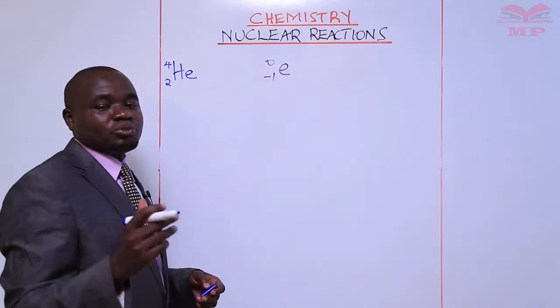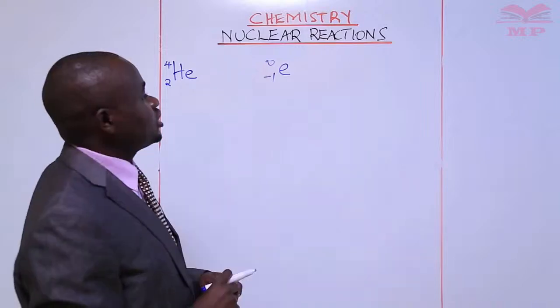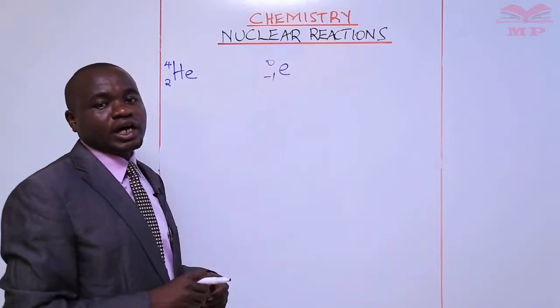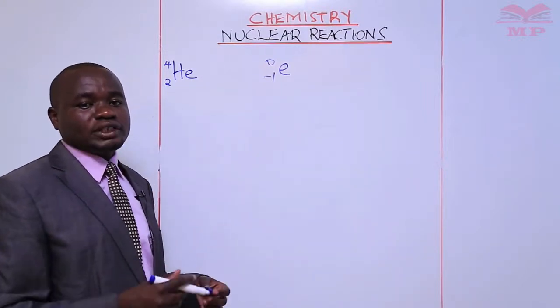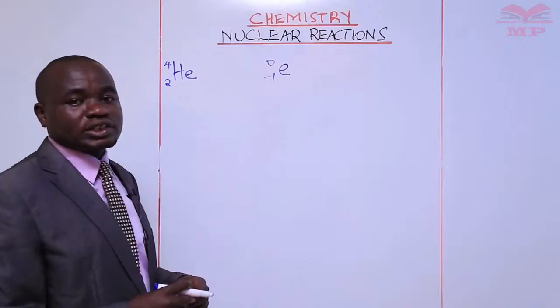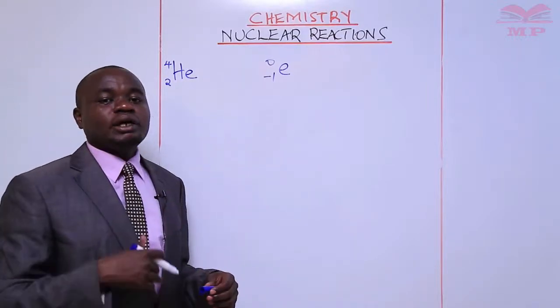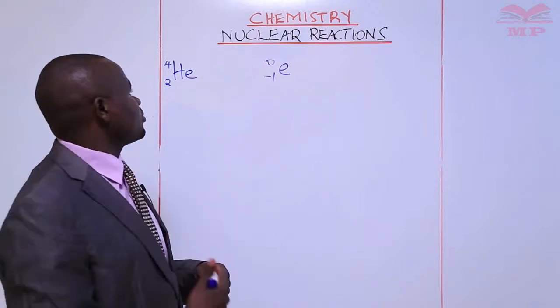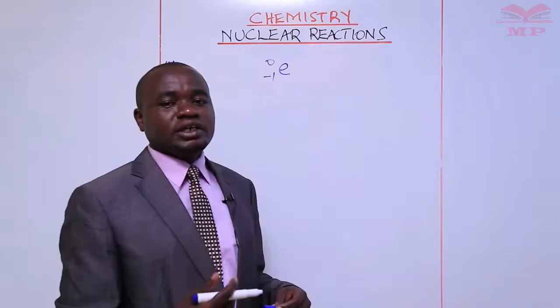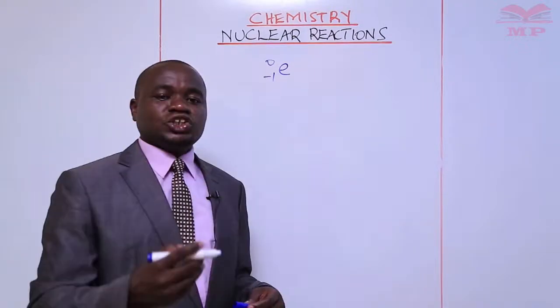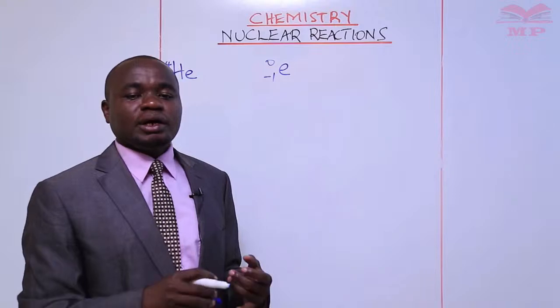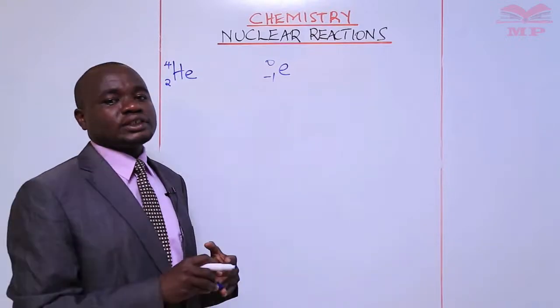So, my dear candidate, I want us to see how we write a nuclear equation. So before we look at examples, I want us to understand this, that anytime alpha particles are emitted, there is a change in both atomic number as well as mass number.